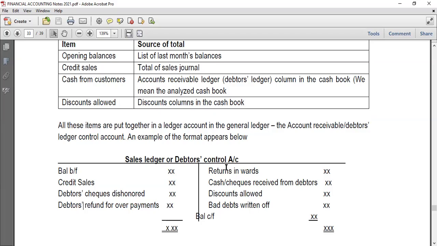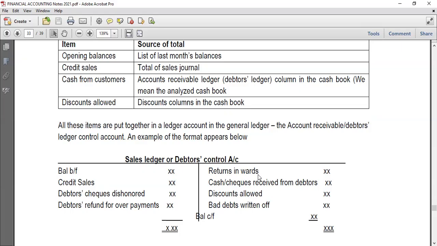Now, very similar to when it comes to the credit side. Now, the credit side, I said whatever is on the credit side are items that reduce your debtors, okay? Are items that reduce your debtors balance. Now, we have one here that is being written, the return inwards. Now, return inwards, these are goods that we have sold to our customers, and our customers return them for various reasons.